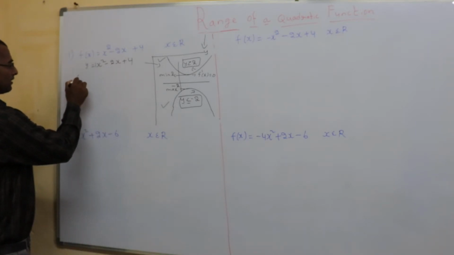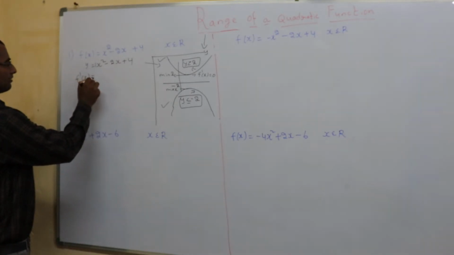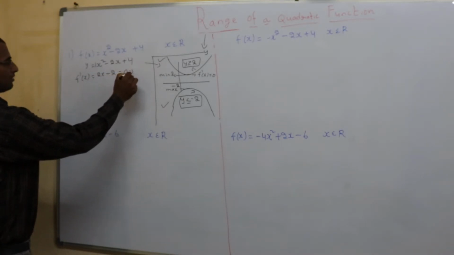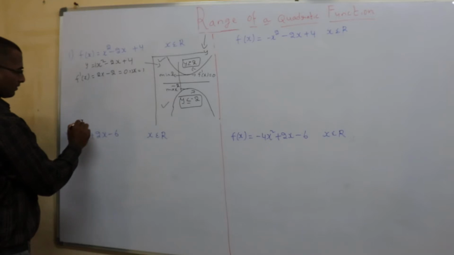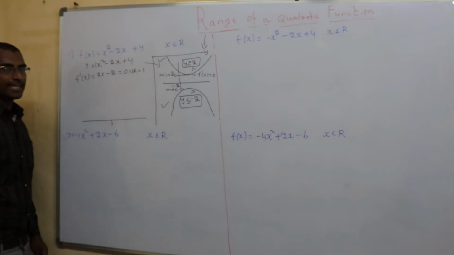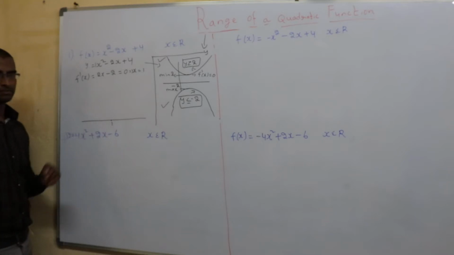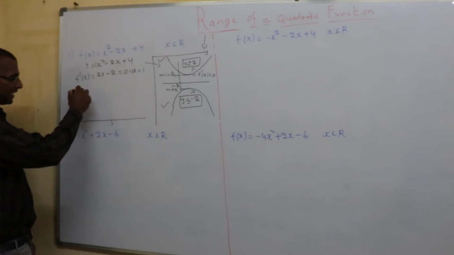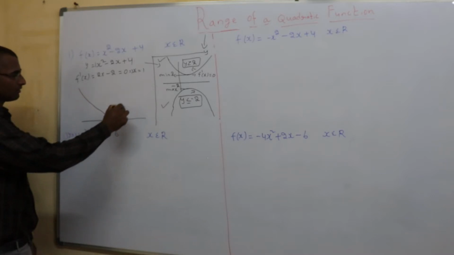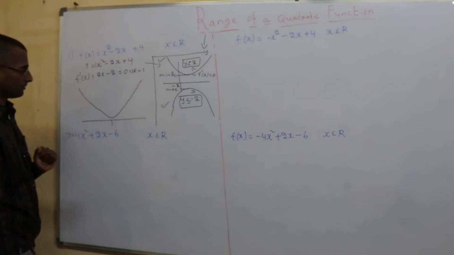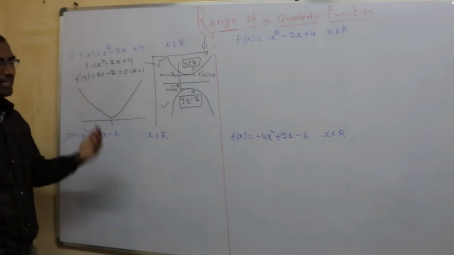So do that. f dash x equals 2x minus 2 equal to 0, so x equals 1. So it's taking a turn at 1. Now, I can draw it directly like this, right?